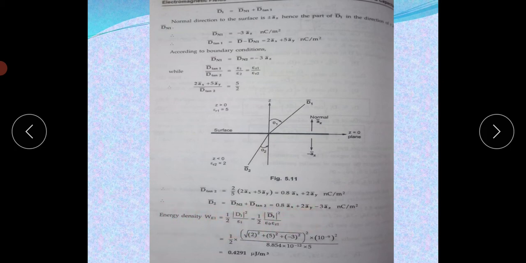Next, the energy density formula is 1 by 2 D square by epsilon. By using that formula we can find the energy densities in both regions. Next, angle value: tan theta 2 equals Dtan2 by Dn2, and tan theta 1 equals Dtan1 by Dn1. Directly we can find the angle value in the first material and second material also. Next, D2 and D1 magnitude values.